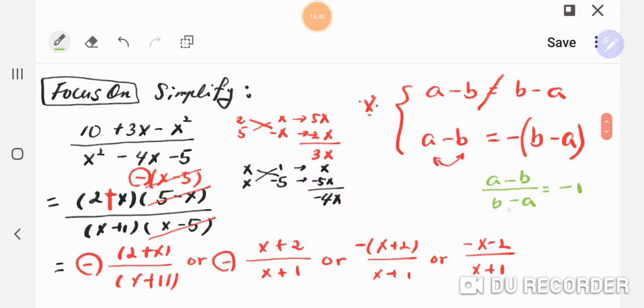Because you can switch a and b: the bottom is b minus a, but the numerator is together with the negative sign. So you can get rid of b minus a, and the result will be negative 1. Okay, so keep this in mind.